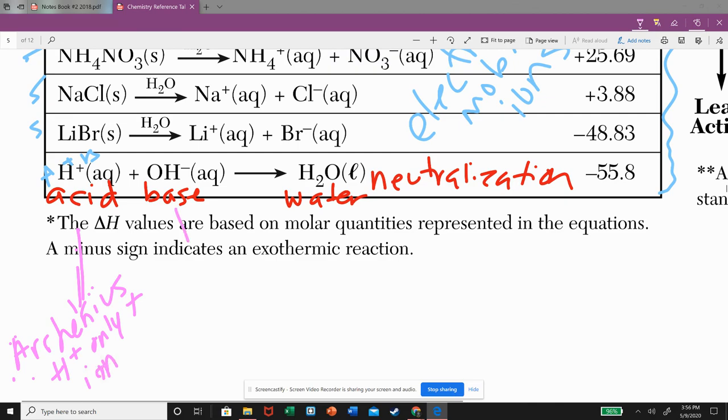And our OH minus, which indicates our base, is our Arrhenius base, where we have the OH minus, the hydroxide, as the only negative ion in solution.